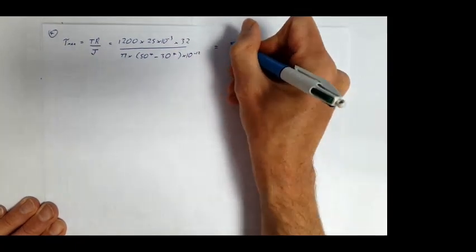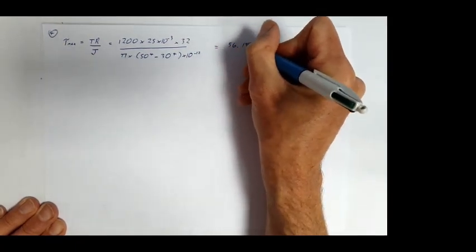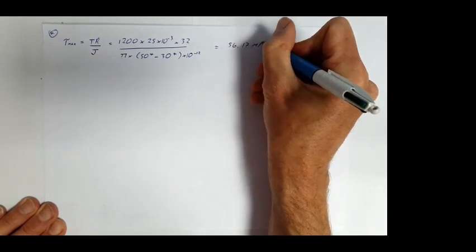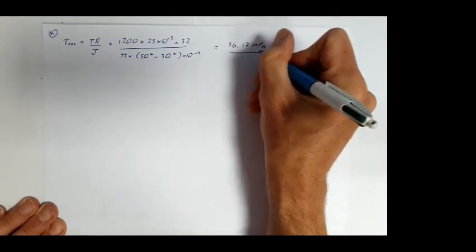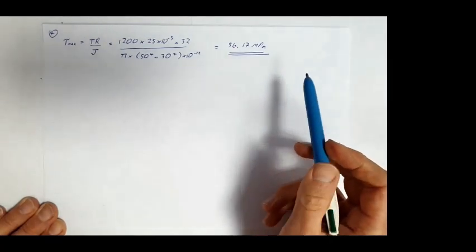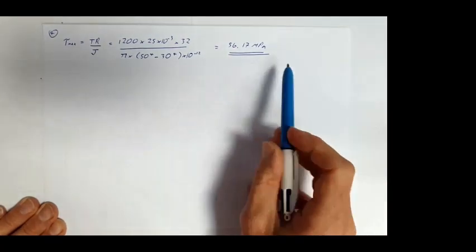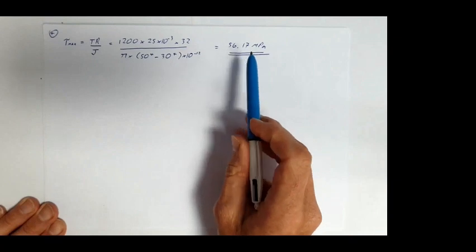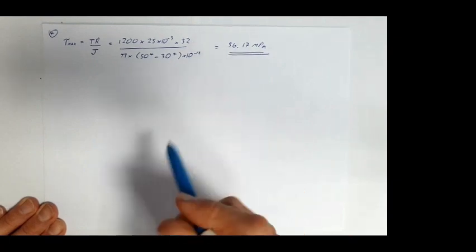It's going to give us 56.17 megapascals. So before, when the shaft wasn't hollowed out, the shear stress was 48.89 megapascals. Now we've hollowed it out, it's gone up to 56.17 megapascals. So the shear stress has gone up slightly.